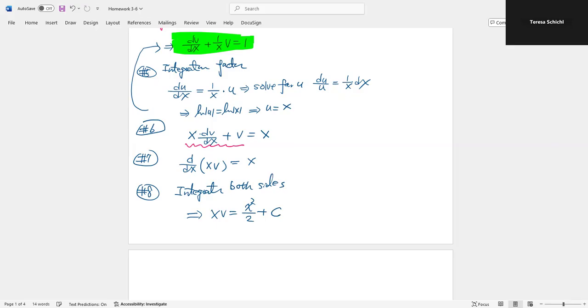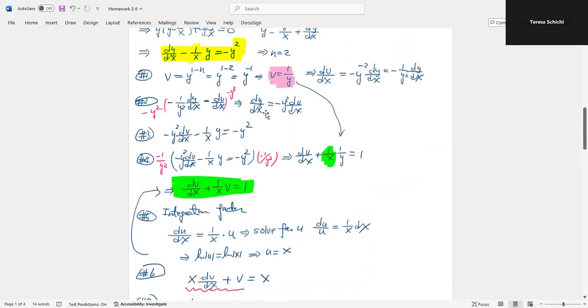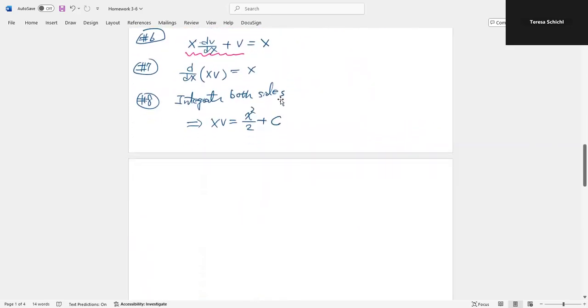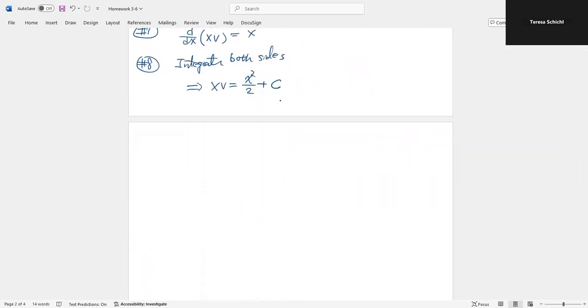Now let's go back. What is my v here? v is 1 over y. So I have x over y equal to x squared over 2 plus c. Now I can divide by x on both sides.